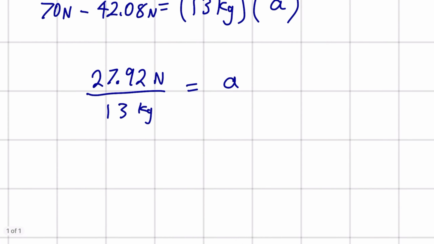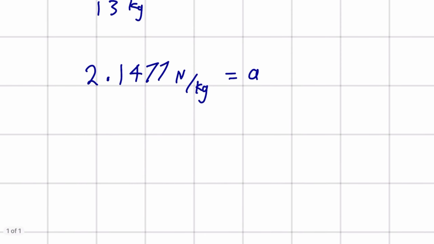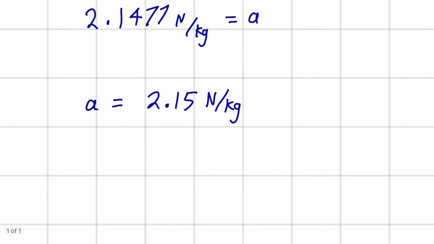And again, all we have to do is put this in our calculator, and we're going to get a value of 2.1477 newtons per kilogram is equal to acceleration. So I'm going to write that a is equal to, and I want to round this. I'm going to round it just to 2 decimals, so 2.15.